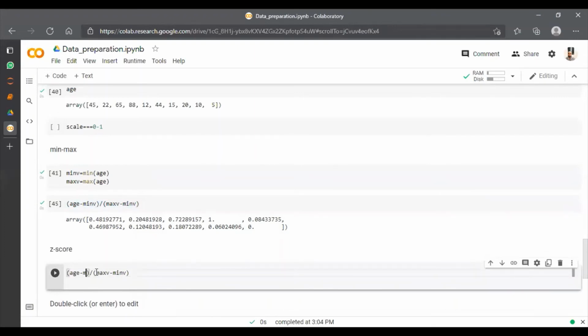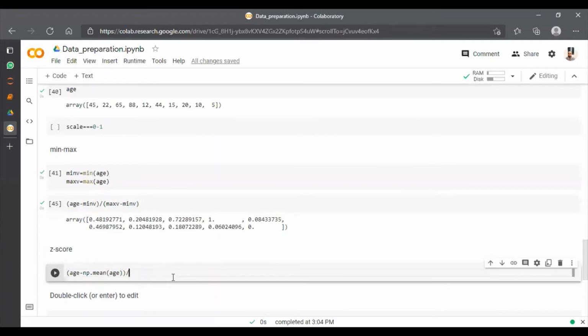So we need to calculate np.mean of age, and divide by the standard deviation. This Z-score standardization is commonly used because it gives better accuracy. It assists machine learning functions better than the min-max standardization.